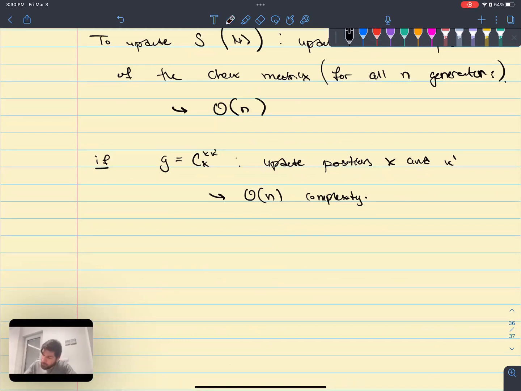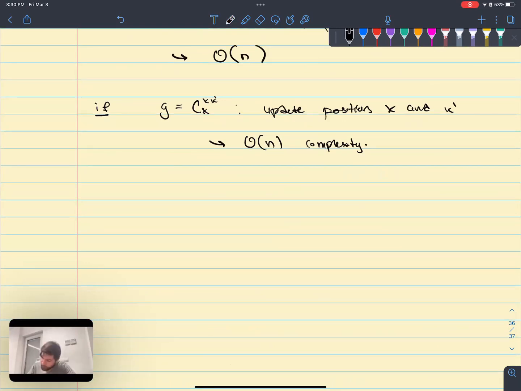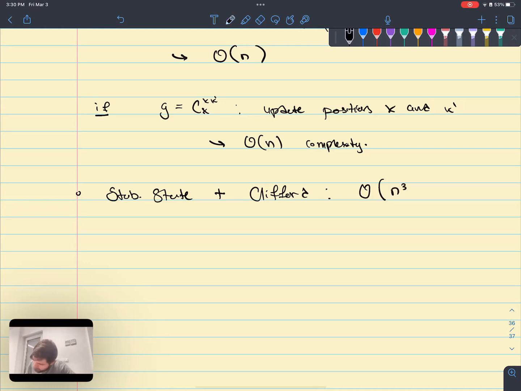So roughly, if we're just looking at a quantum state and updating it with Clifford unitaries, so stabilizer state plus Clifford, this can all be done in order of the number of operations that you're going to do. It's going to be something like n times, I think it ends up being n cubed, right? Because you have however many, sorry, one second.